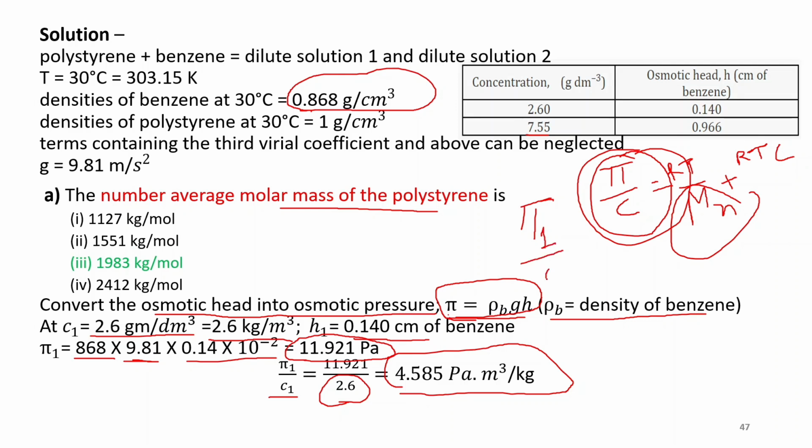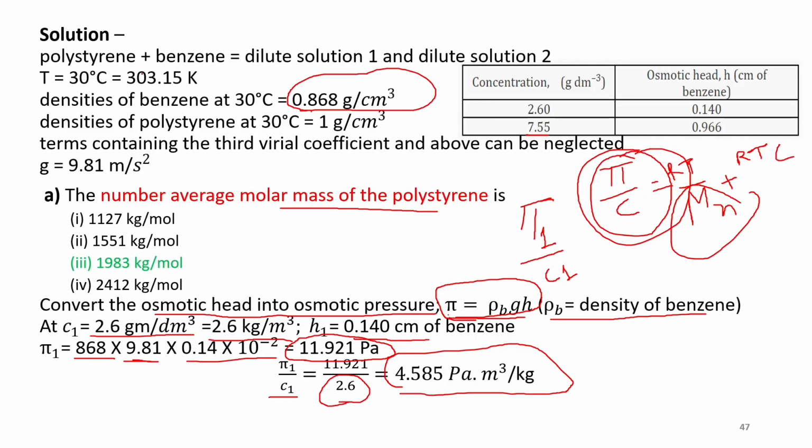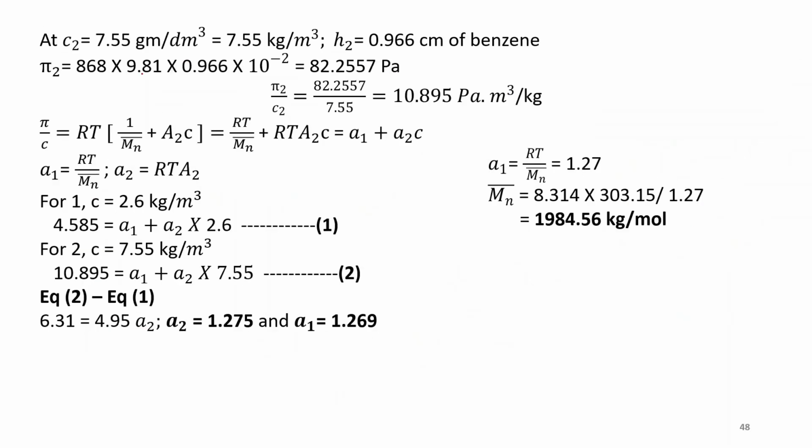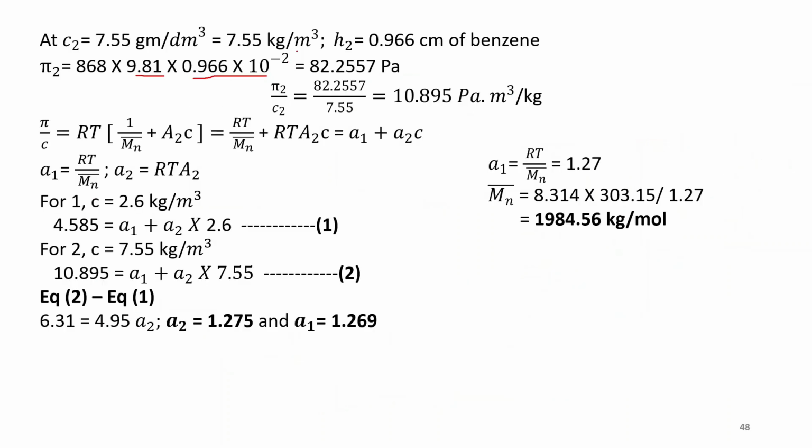Now similarly we will calculate pi 2 by C2, where pi 2 equals rho, the density of the benzene, 868 in the kg and meter system, times 9.81 for g, and then h is 0.966 into 10 to the power minus 2 for converting into meters.